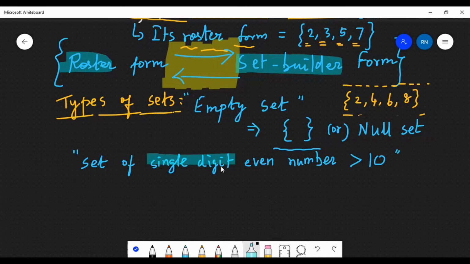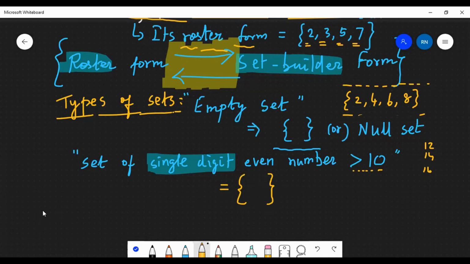Single digit, it must be only one digit. Even numbers, you know the list. But single digit and greater than 10: the moment you go greater than 10, even numbers are 12, 14, 16, and they are all double digits. So definitely the answer in roster form will be an empty set.